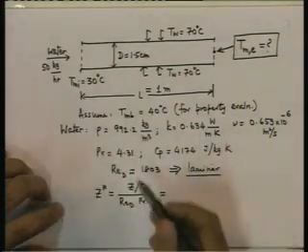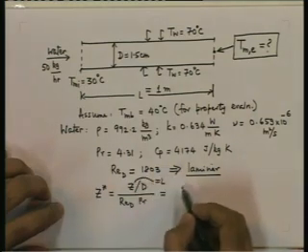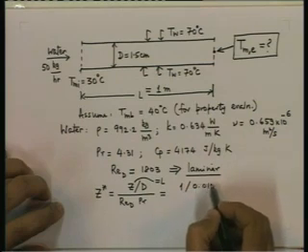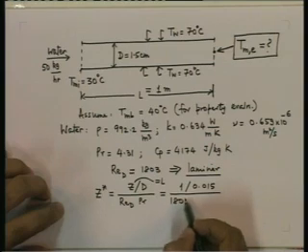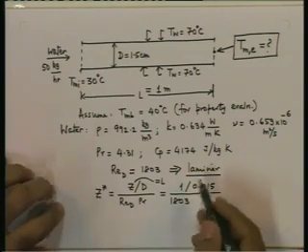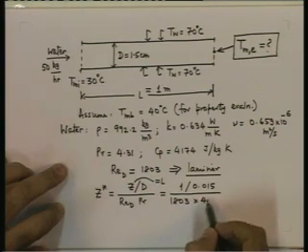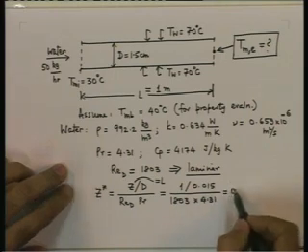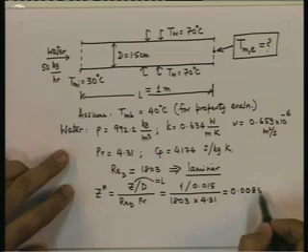The total length in this case, Z would be equal to L, 1 meter divided by 0.015 meter divided by Reynolds number 1803 into Prandtl number 4.31. This turns out to be 0.00858.